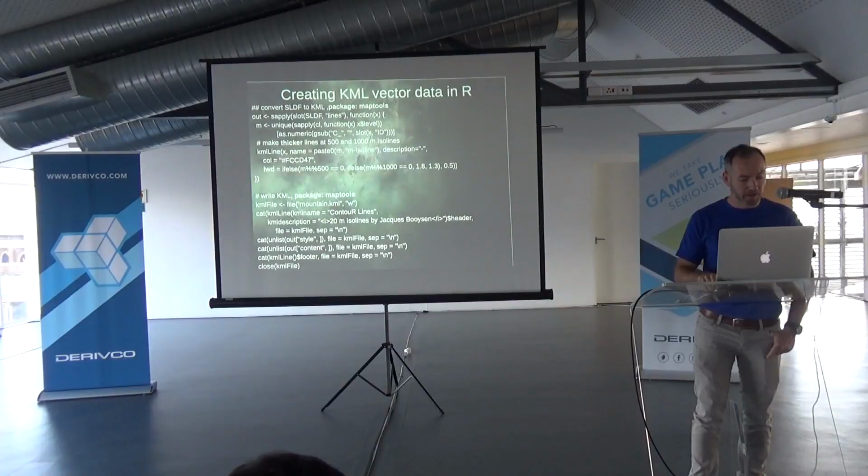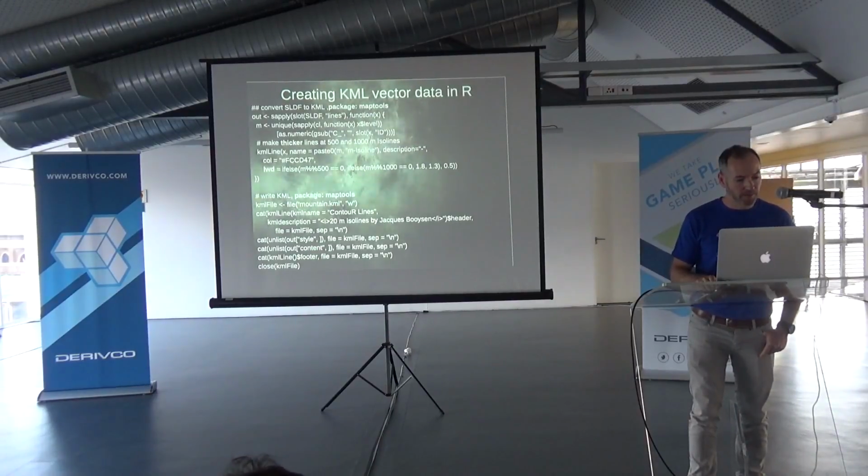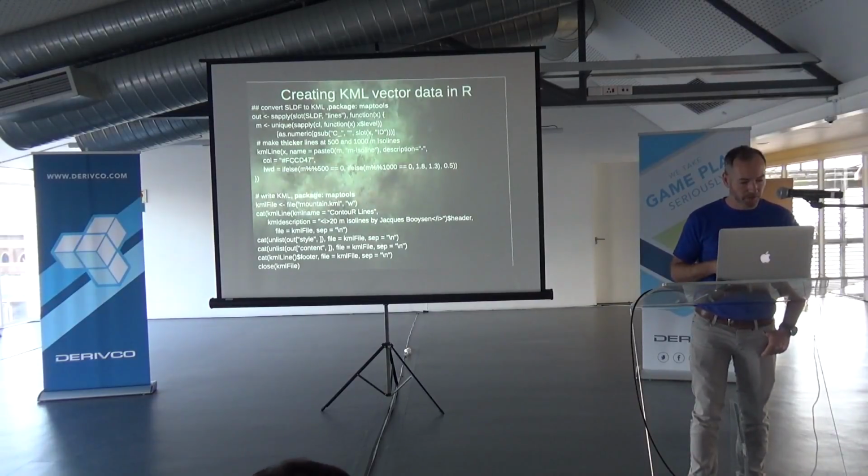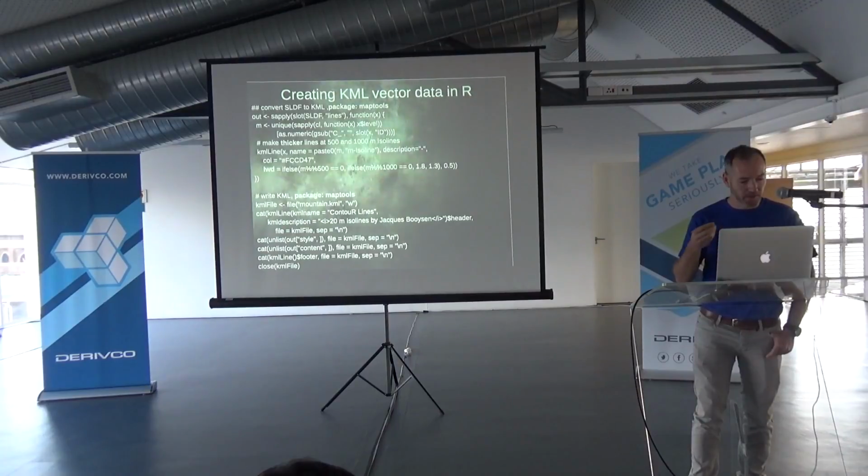And then in the end, I used the maptools package, which has a function kmlLine, which can produce KML files for you. So I went through the spatial lines data frame using an sapply, and for each line I stripped out the meters above sea level of that specific contour line.